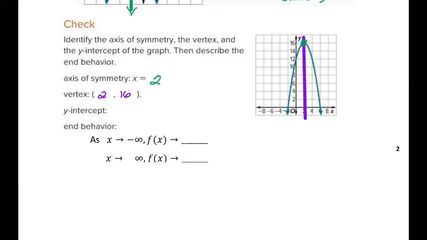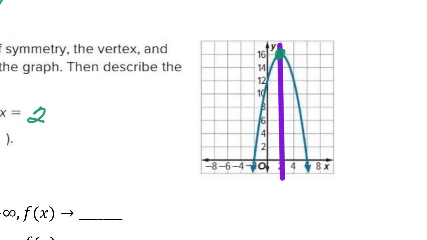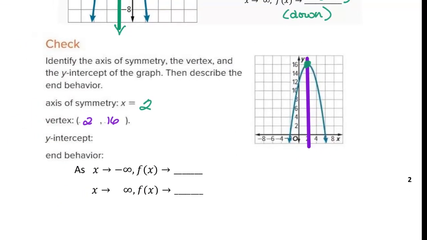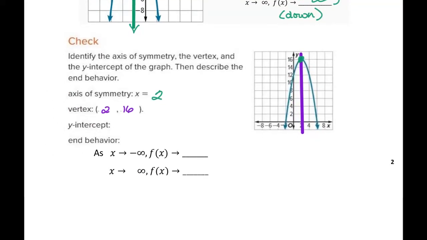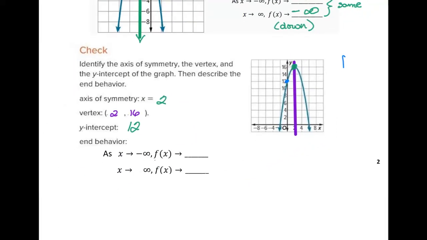All right, y-intercept. These can be kind of tricky. You can look at it and you're like, oh, I'm not sure. What is my y-intercept here? Sandra, what do you think? 12. Yes, very good. So right here, you find the y-axis and you follow that down to 12.